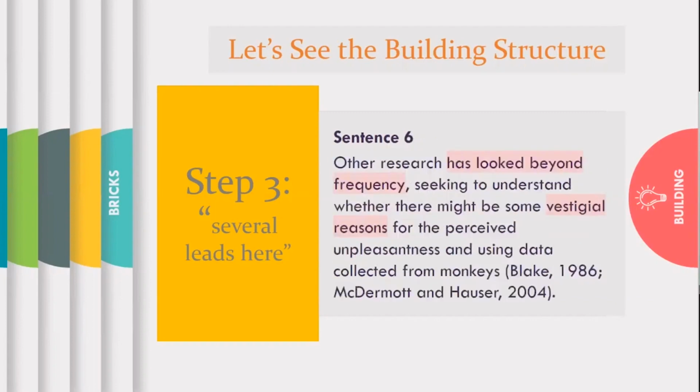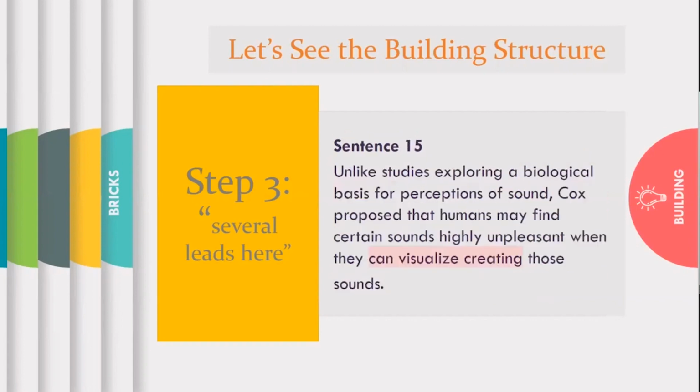Another, the lead shifted to a biological reason. By the way, frequency is also biological, right? The way we hear, to what extent we hear and we don't hear, and what we like. So that's talking about sounds. Now vestigial. Now another, the third lead is talking about visualization.